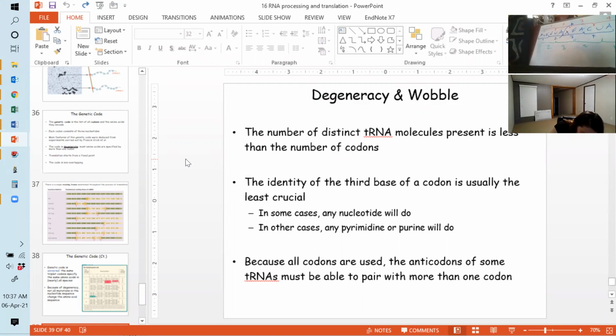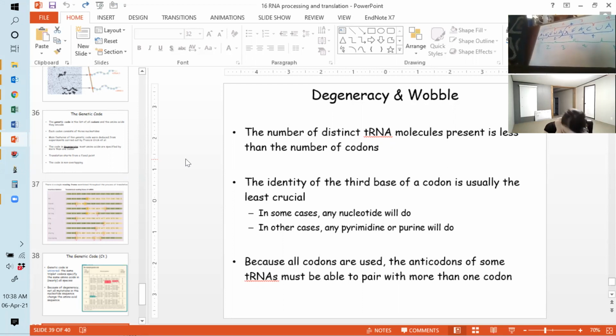The same applies if you added a base. So if you added a base or 2 bases, you would change the frame from this original blue one to one of these other reading frames, right?